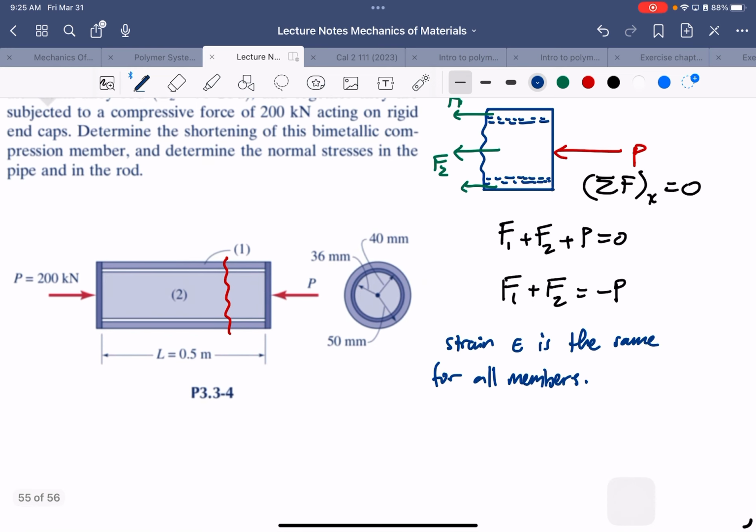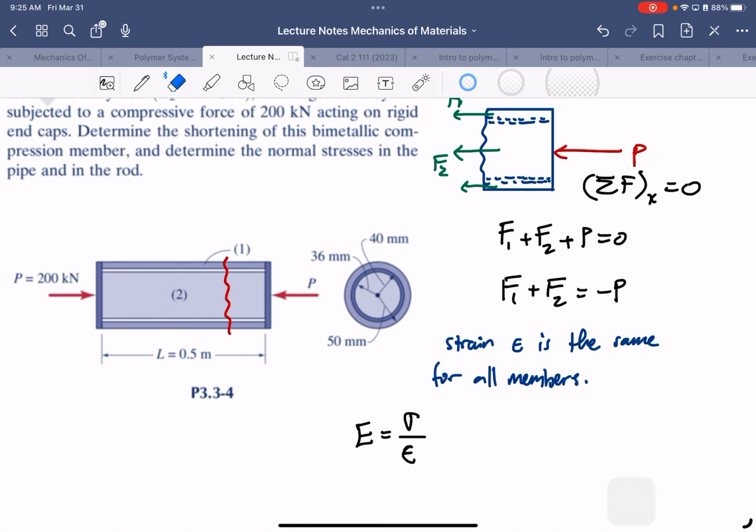Which means we can take the strain from the formula of the modulus of elasticity.